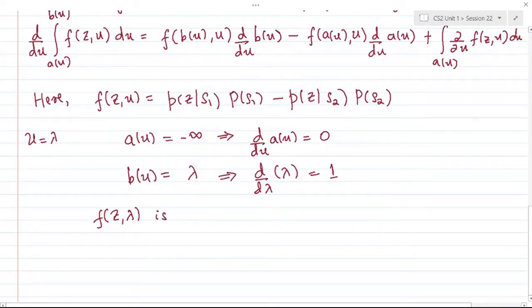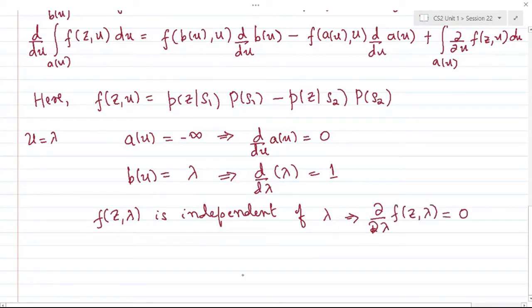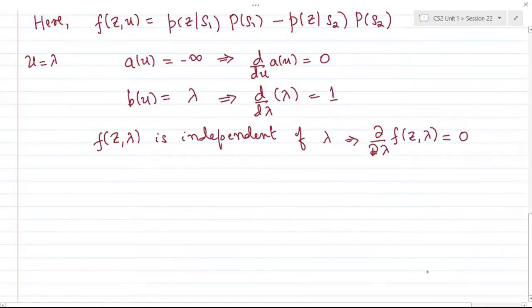So this implies that the partial derivative with respect to lambda is 0. So the second term is 0, the third term is 0. The term that gets retained in the expansion of the Leibniz rule is the first term. Only the first term exists.